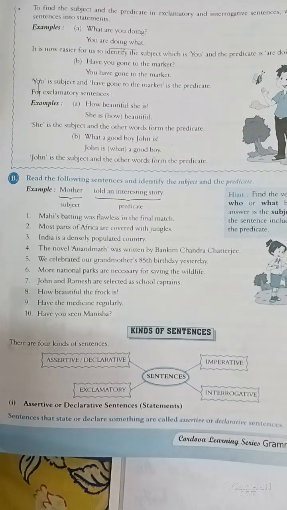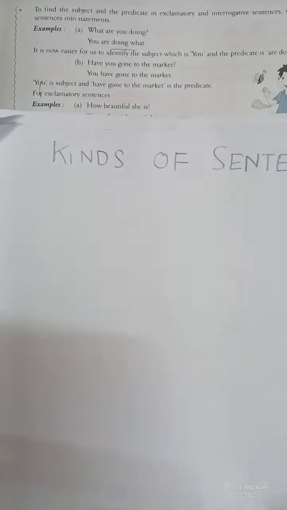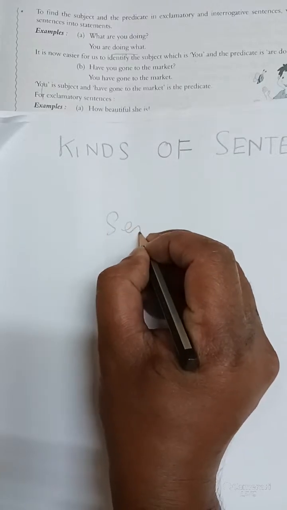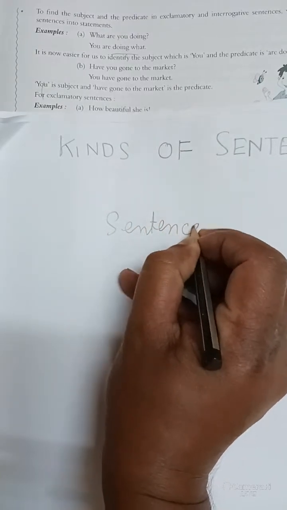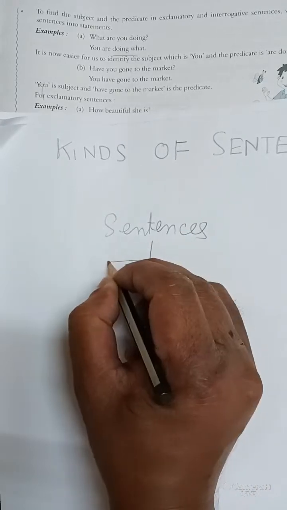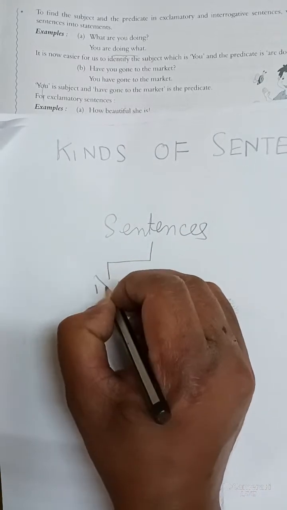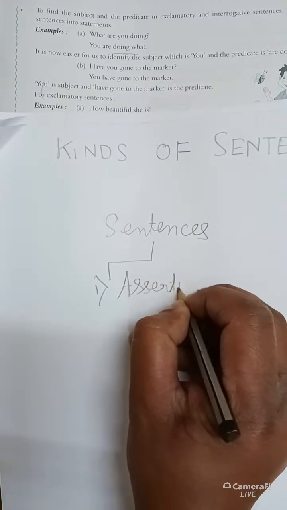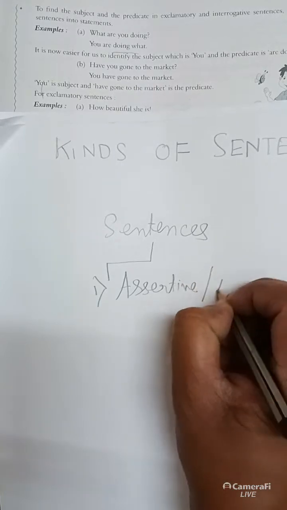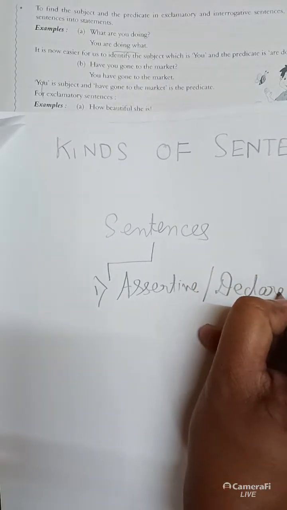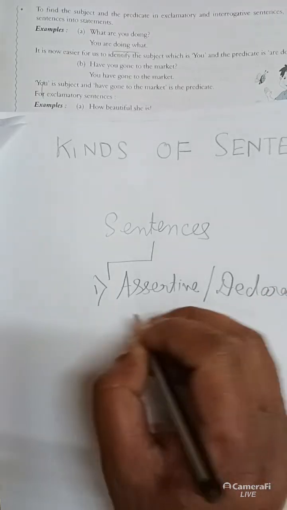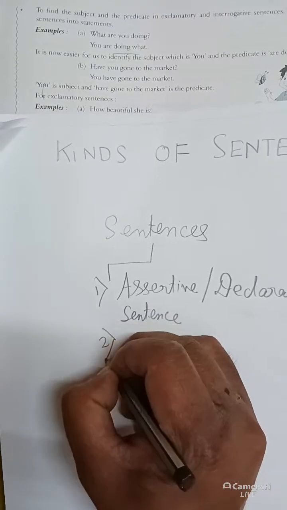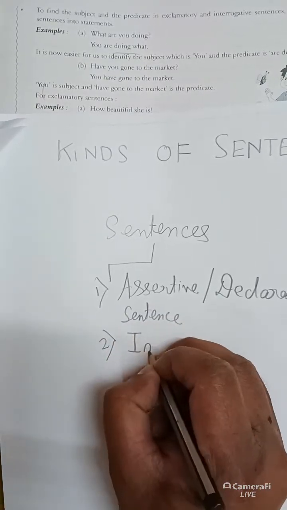Whenever we are talking about kinds of sentences, sentences are of four types. Number one is assertive or declarative sentence. Number two is imperative sentence.